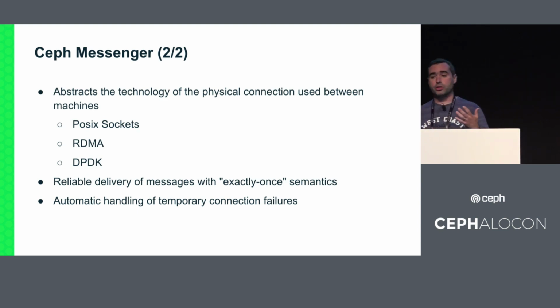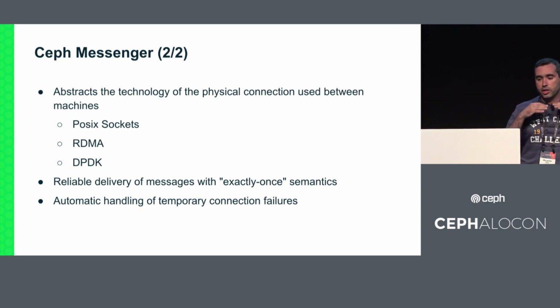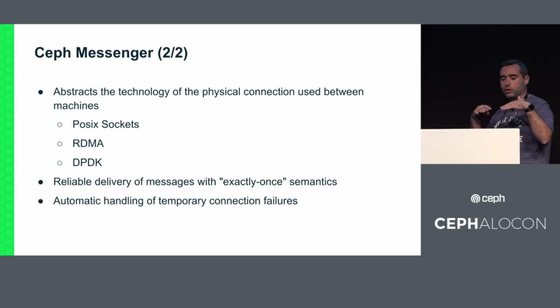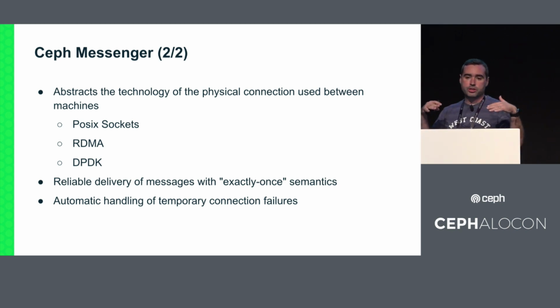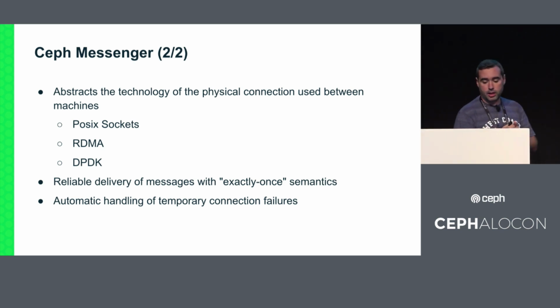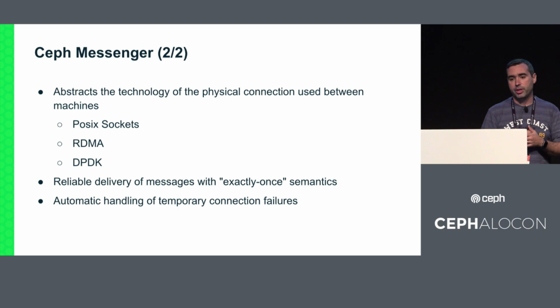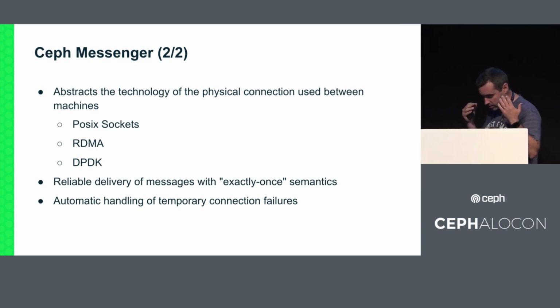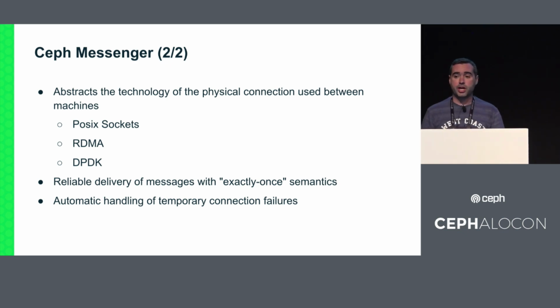The Ceph Messenger also abstracts the technology used for the physical communications. So it works above the network layer, and it can be used on top of POSIX sockets, RDMA or DPDK. It ensures reliable delivery of messages with exactly-once semantics.